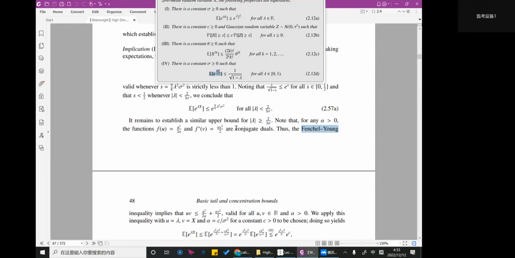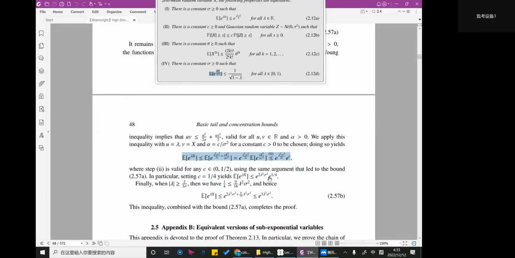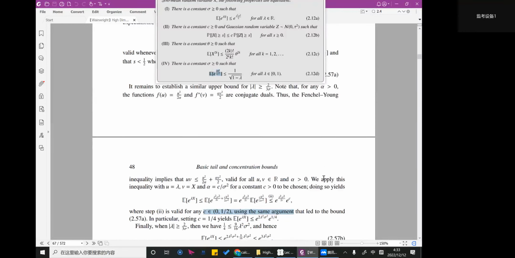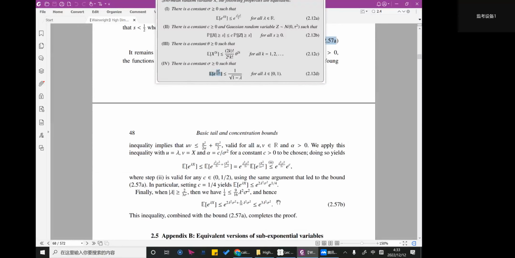So the author applied this inequality with different values of u, v, alpha, and a specially chosen constant c. Then we get this. So the first is by Fenchel-Young inequality, and the second is valid by using the same argument leading to the bound here. Use the same argument.